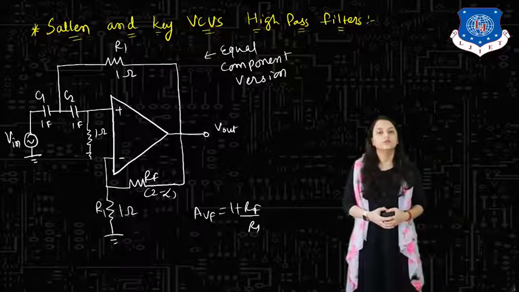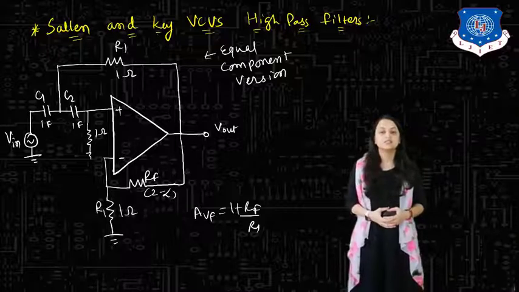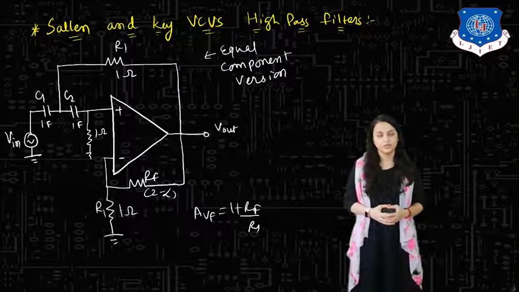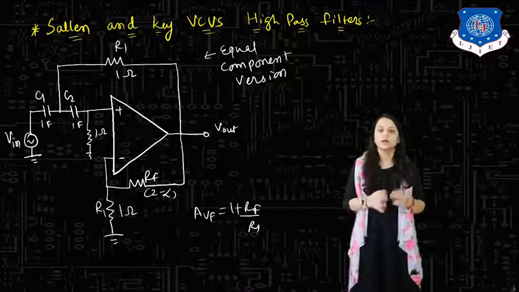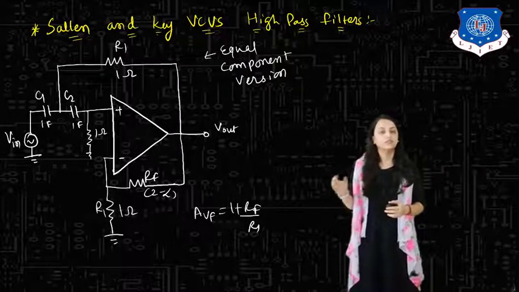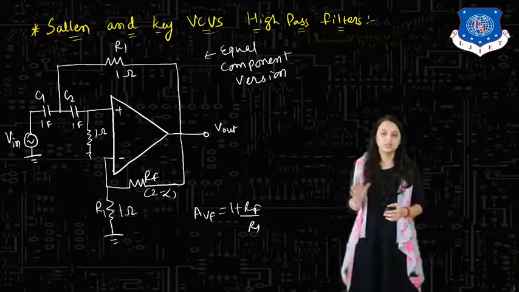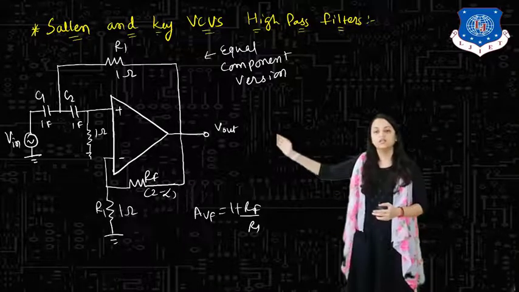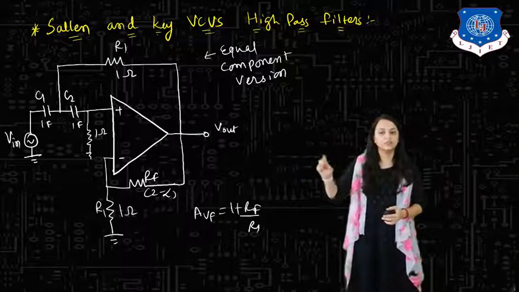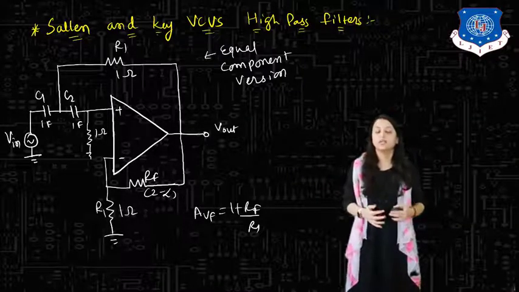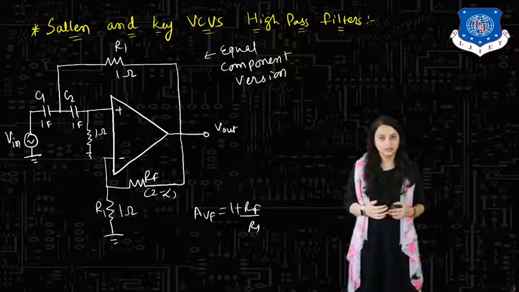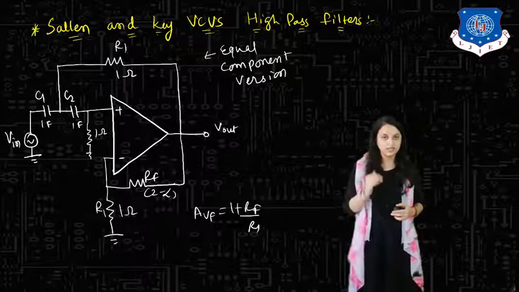Now let us see the next, Sallen-Key BCBS high pass filter. We know the concept of high pass filter and low pass filter. If a high pass filter is to be designed, with the supply directly capacitances are connected. So here, as you can see in the circuit diagram, with the supply capacitances are connected, and we know the arrangement of the Sallen-Key filter: Z1, Z2, Z3, Z4.